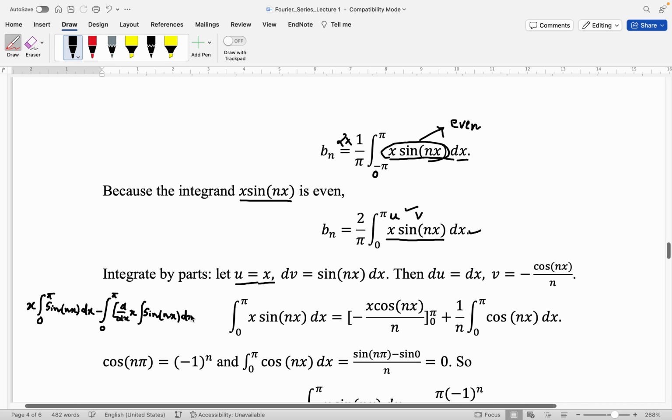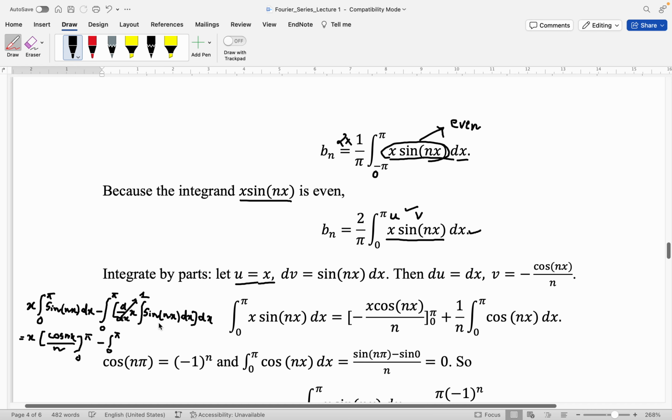Okay, let's do it. So this would be x, and then if you integrate, this would be cos of nx divided by n, and it is 0 to pi, minus this is 0 to pi, and d dx of x is 1, so this is 1, right?